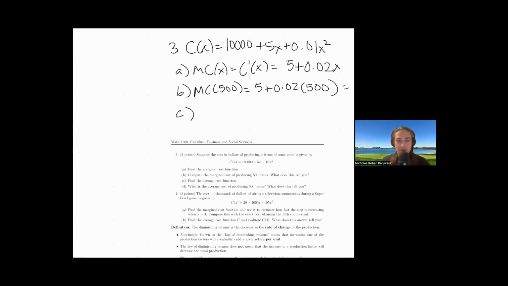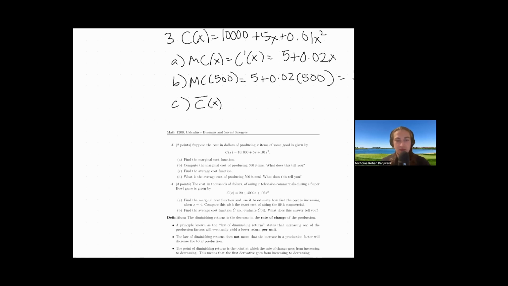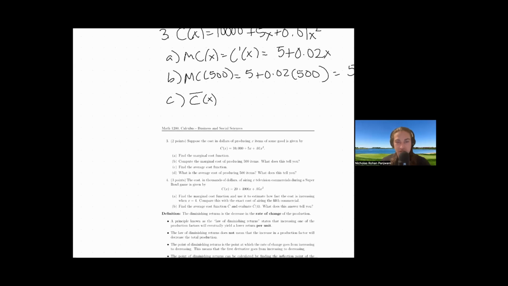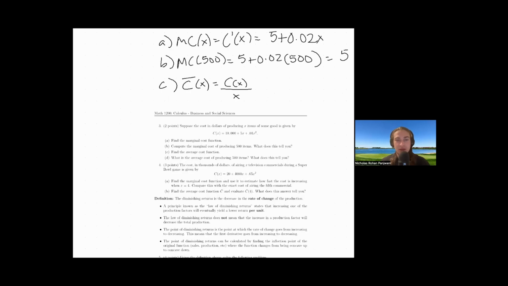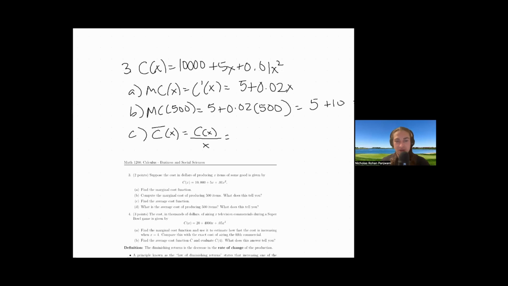Average cost is also written as C bar of x. We're just going to use that notation. C bar of x is our average cost. If you ever see that bar, it means an average or a mean, just so you know. This is equal to C of x divided by x. So it's the total cost divided by the number of units. That gives you the cost per unit. So we're just going to take each term from the cost function divided by x.